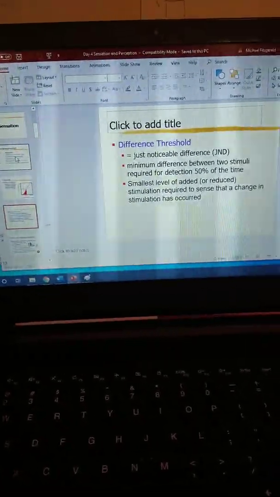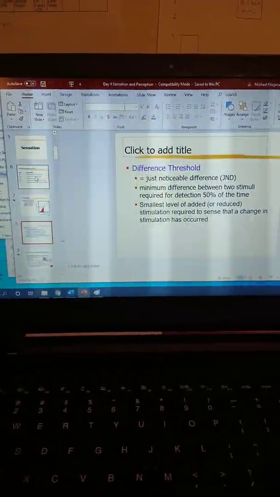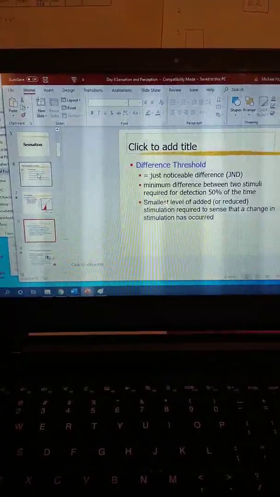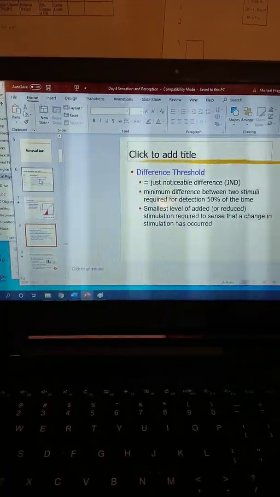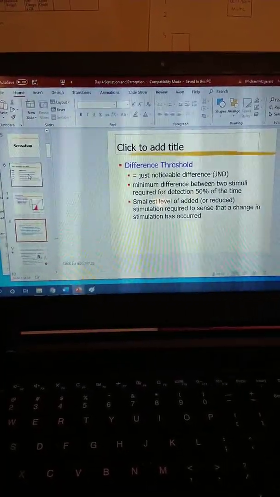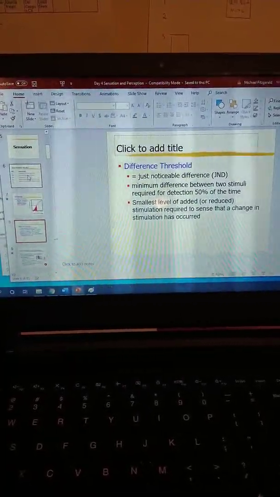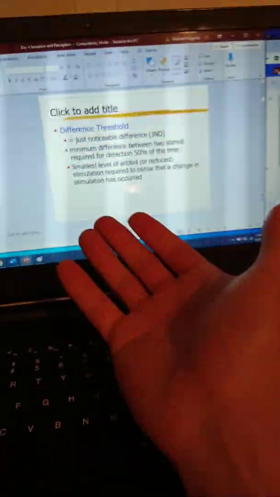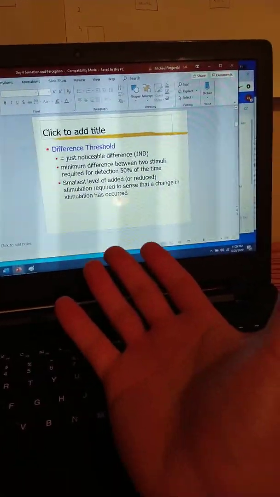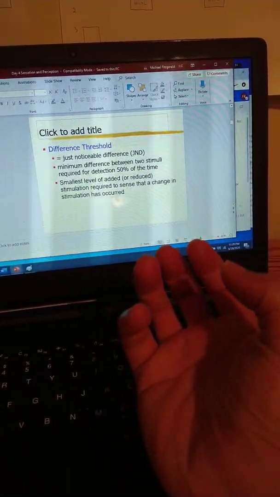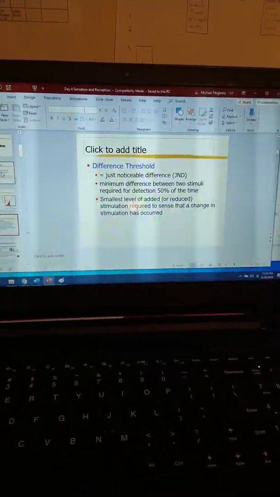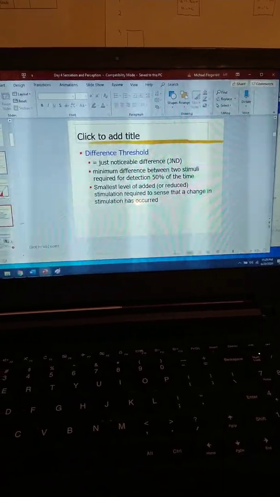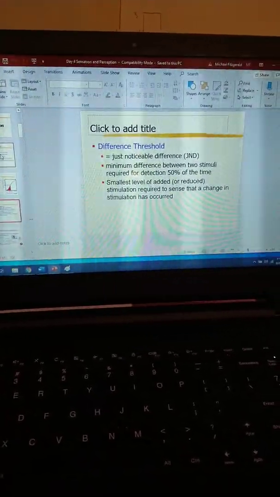The difference threshold is how much stimulus is needed to notice that a change has occurred. So for example, if we were in class, what I would do is I would have one of you hold out your hand, and I would place like 10 nickels or 10 coins into your hand.